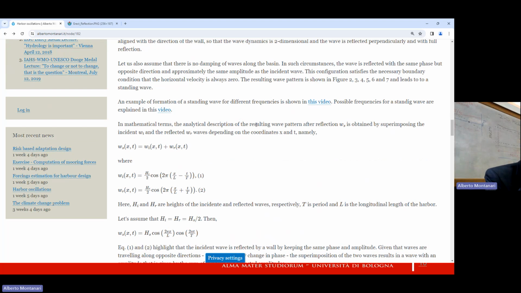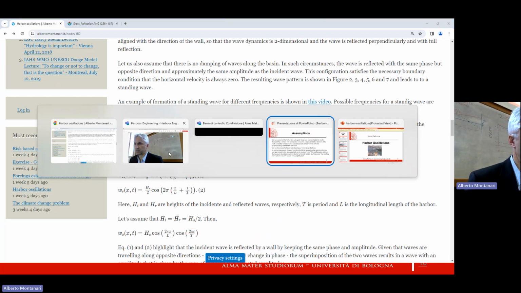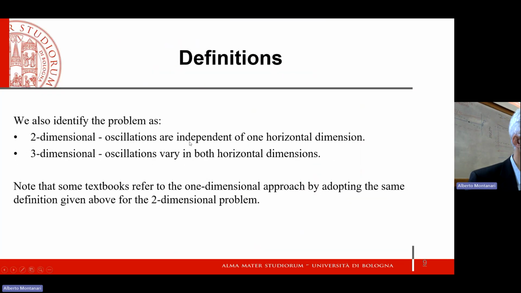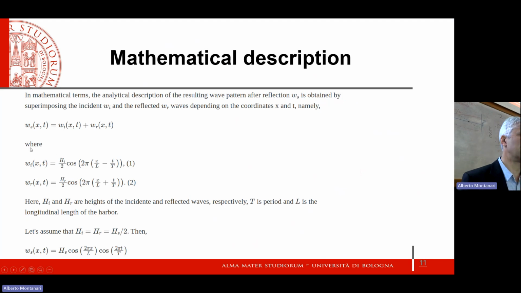So let's describe it here. The standing wave is called WS.